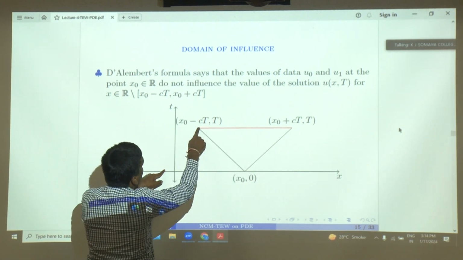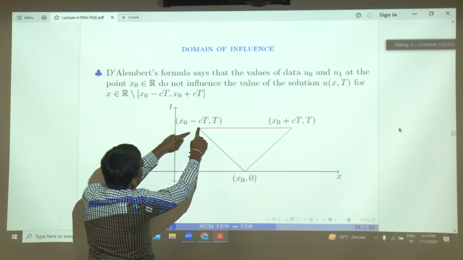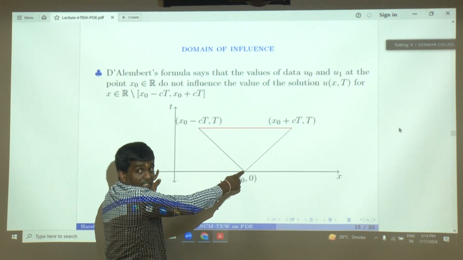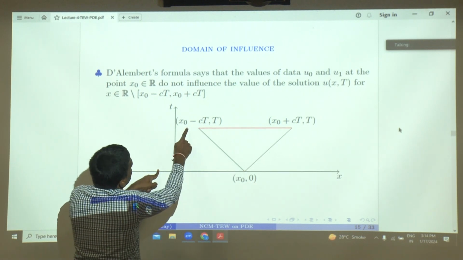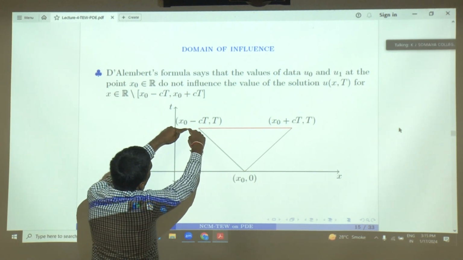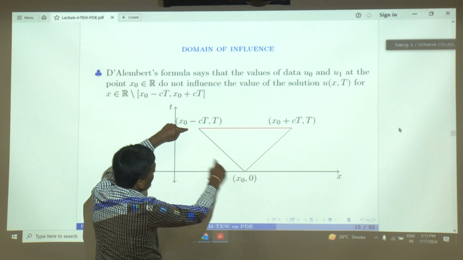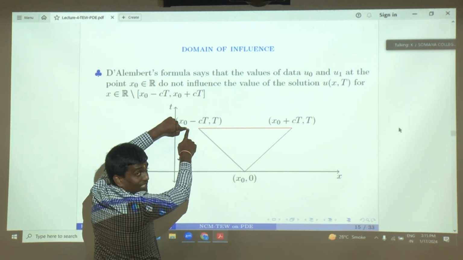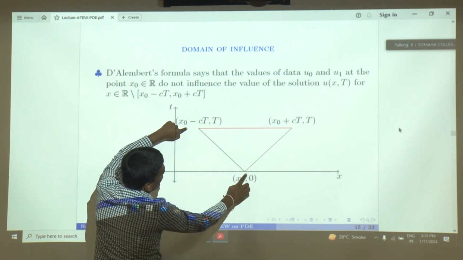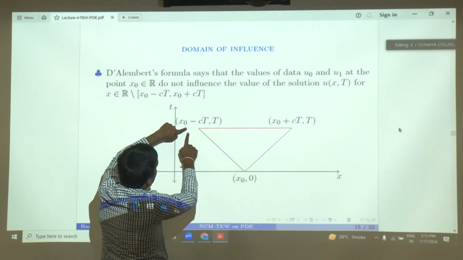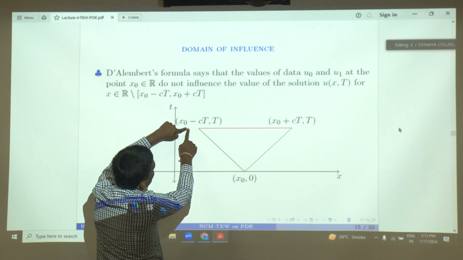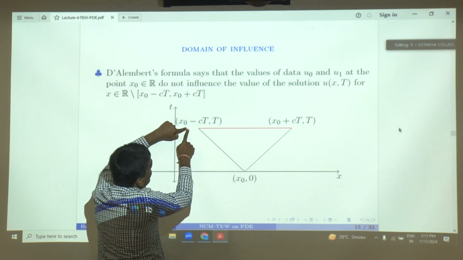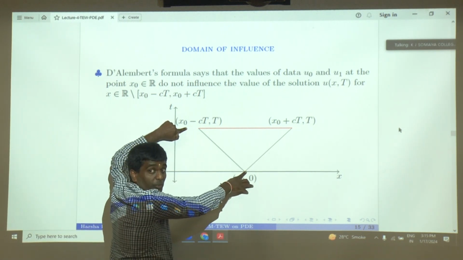So this point is always influenced by the points coming from this interval. If I'm standing here, again I will draw a line of slope minus c and slope plus c. A point sitting here will never be influenced by this point, because the line of slope minus c would never hit this point.